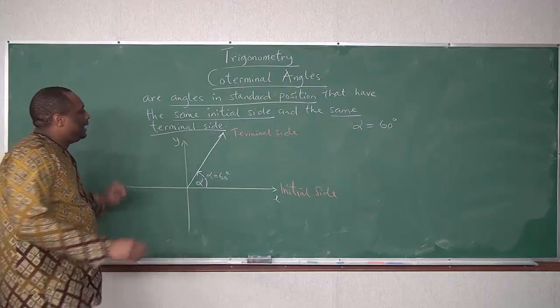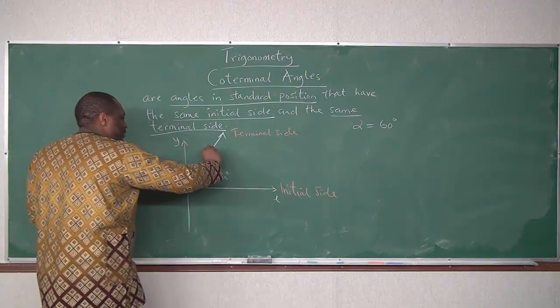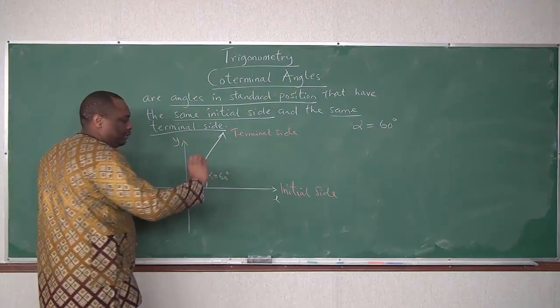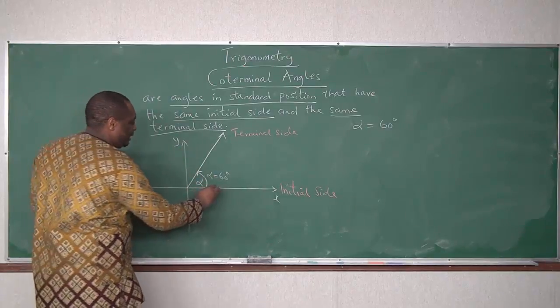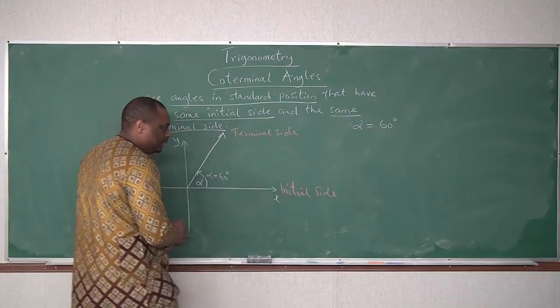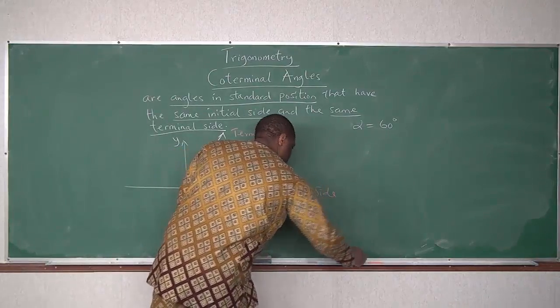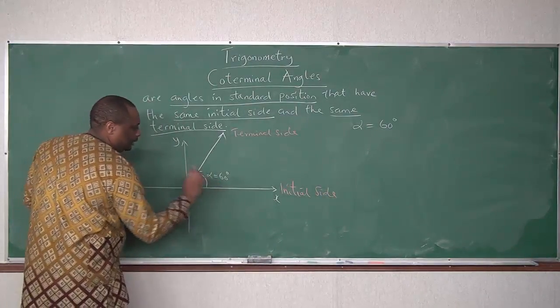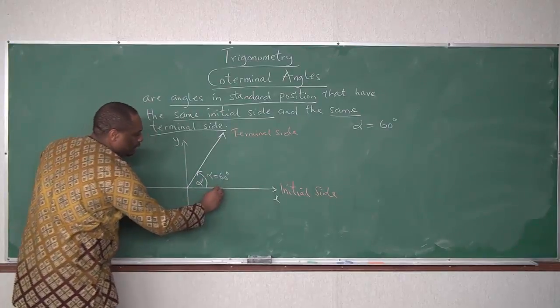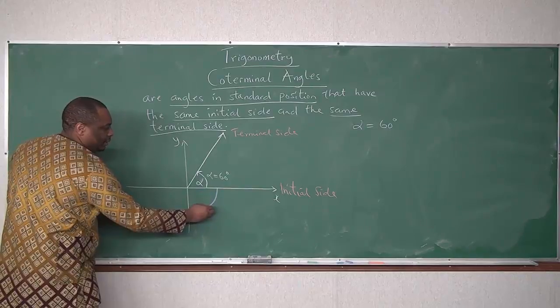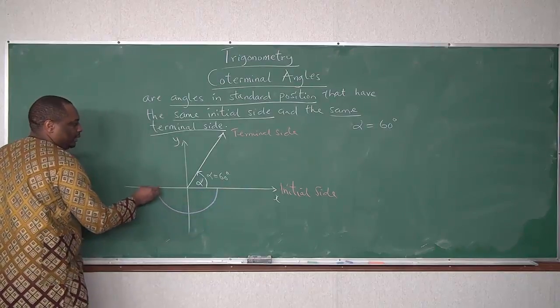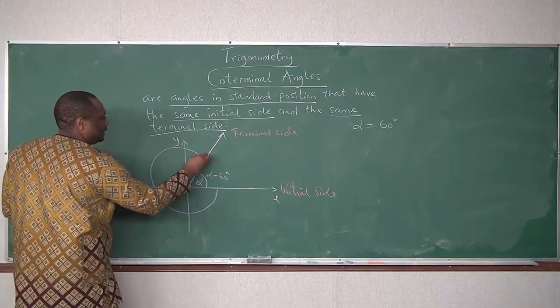Okay, let's now see another angle. Remember, it has the same initial side and the same terminal side. We can have another angle for the same initial side, going clockwise instead.